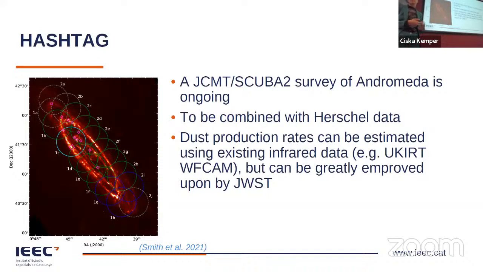We can also combine this with dust production rates that can be estimated using existing infrared data, for instance, WFCAM on Burkert. But this can actually be greatly improved upon by JWST, although it will be quite a task to map the entire thing with JWST.